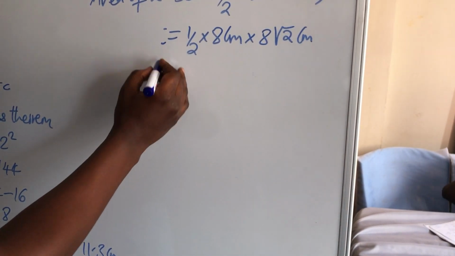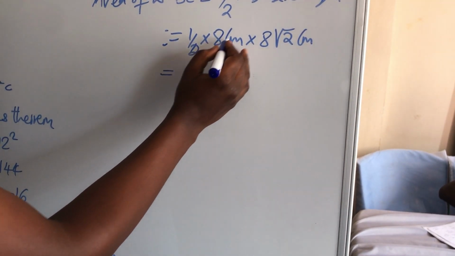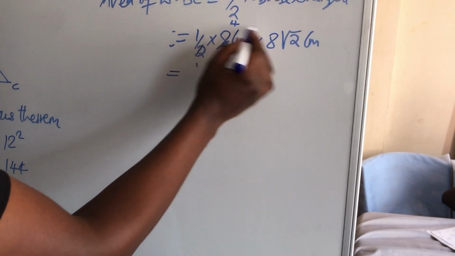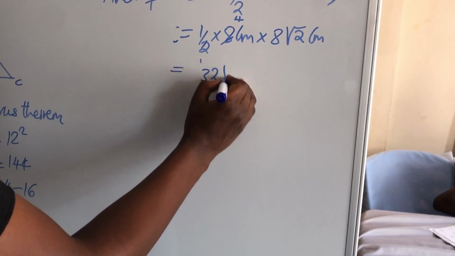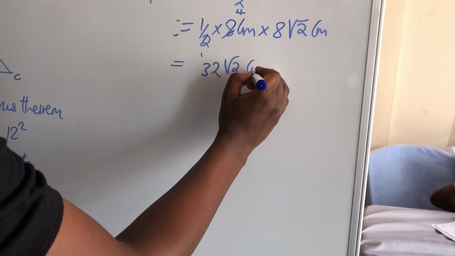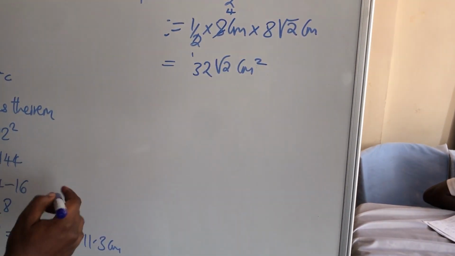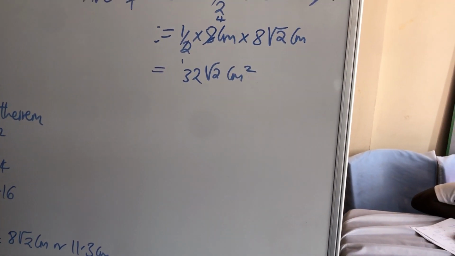So when we simplify by 2, 1 here, by 2 it's 4. So we'll have 4 times 8 radical 2, which is 32 radical 2 centimeter squared.